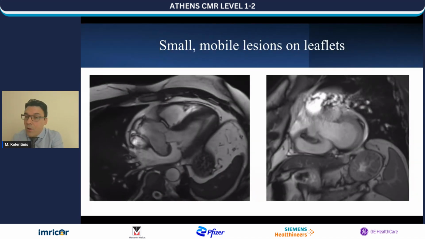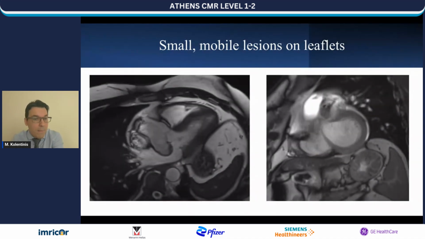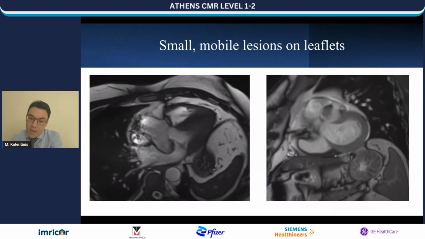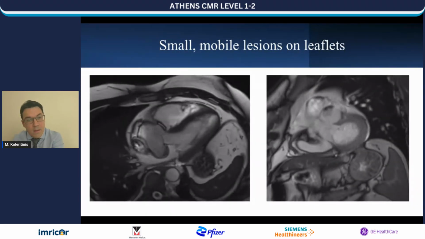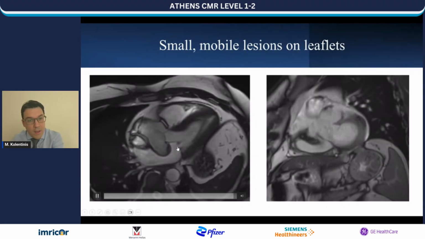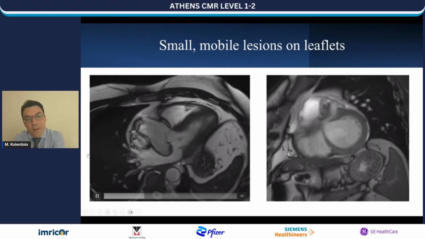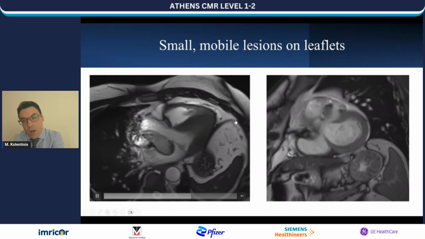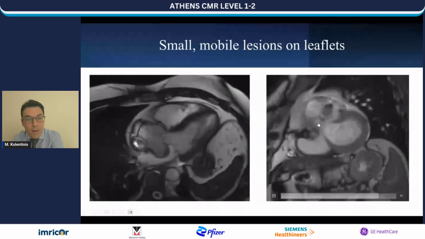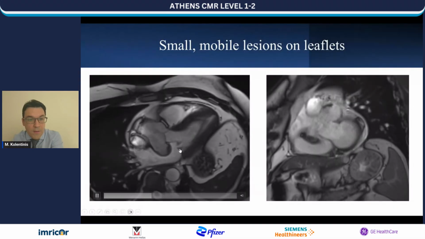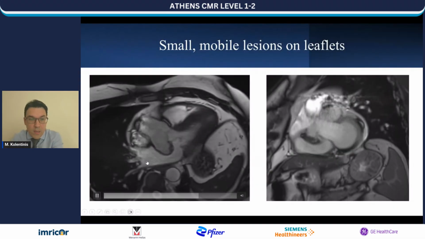Small mobile lesions on the leaflets are virtually impossible to truly assess. This patient, echo actually refers this patient for MR, but he has some lesions over the mitral valve, but it's very difficult to assess.